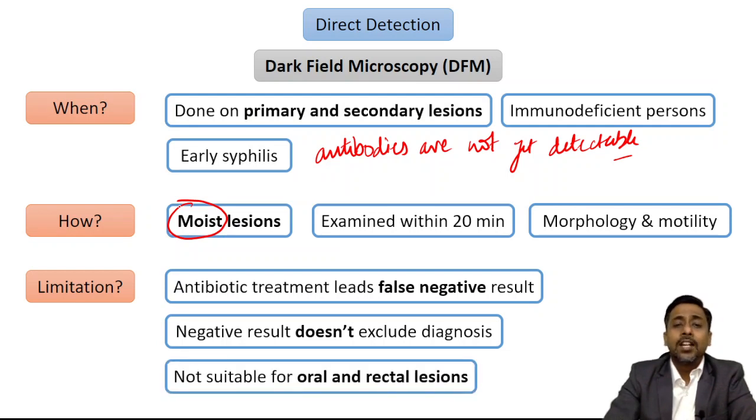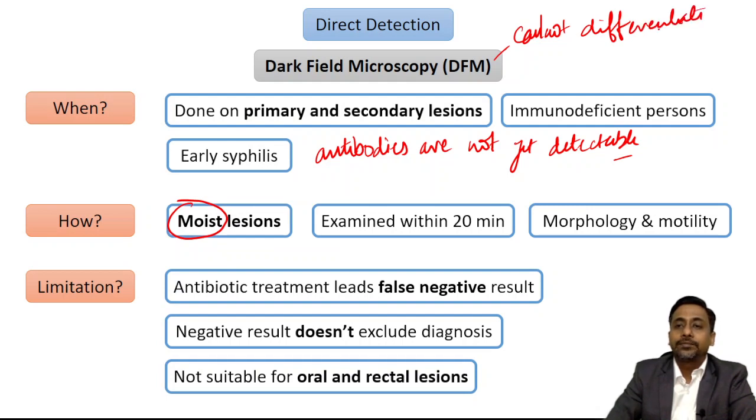And it is not suitable for oral and rectal lesions. Why? Because in oral or rectal mucosa, non-pathogenic treponemes may be present, and dark field microscopy cannot differentiate pathogenic and non-pathogenic treponemes.